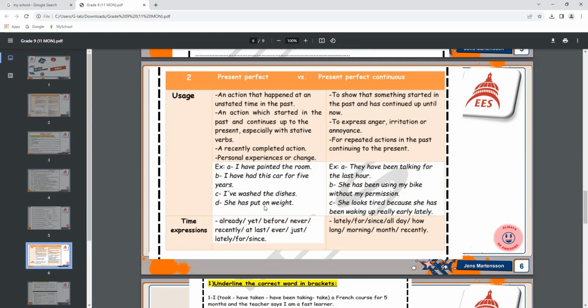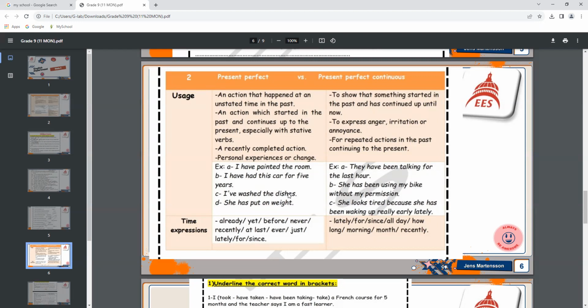Let's take a look at these examples. I have painted the room. So is the action completed or not? It's completed, but we don't know the time. That's why we use the present perfect, not the past simple. Okay, now let's move to I have washed the dishes.